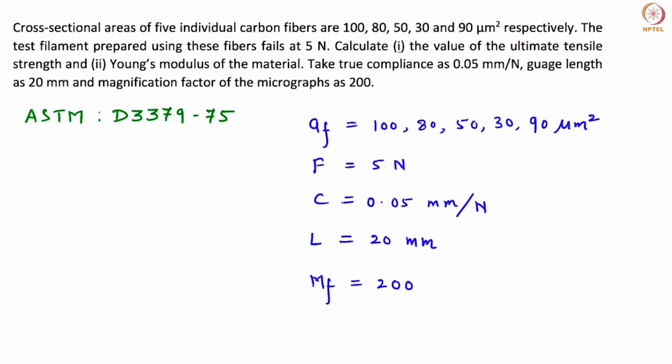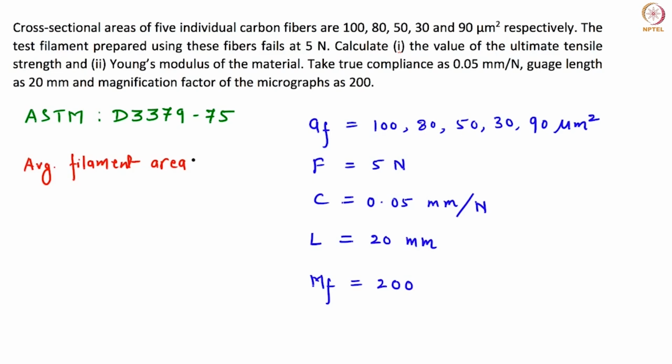We need to calculate the Young's modulus, and also the ultimate tensile strength. In both cases, what do we need? We need the average filament area. When I say average filament area, this means the test filament, which is the bundle or the rope that you're testing.